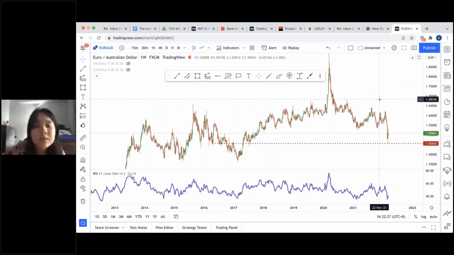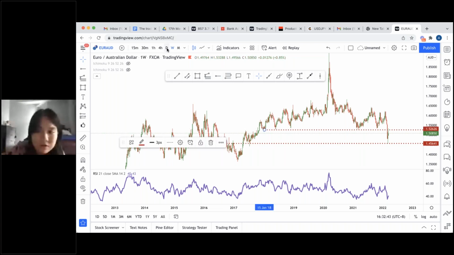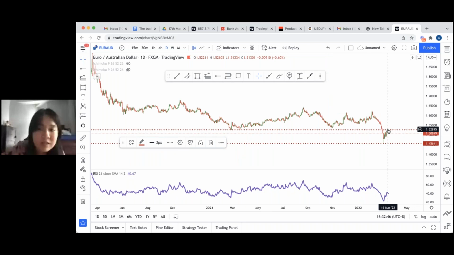If you find one on a bigger time frame, there's a very high chance that price likes to abide by it. This is a very strong support turned resistance as well, so this will be a level I would watch for. Right now you can see price bounced off here, reacted off here, and reacted off here. So this is a very nice resistance level that we are looking for.